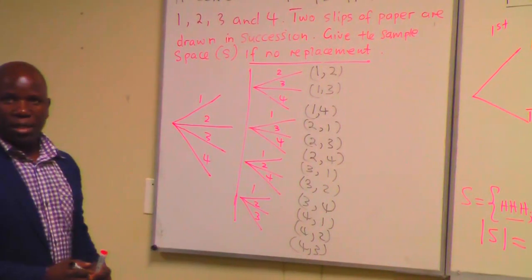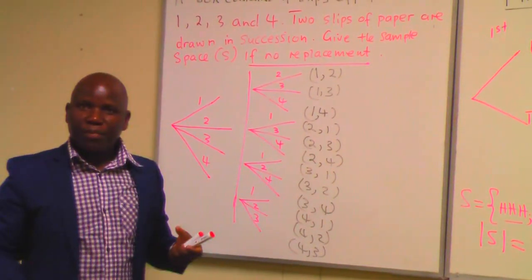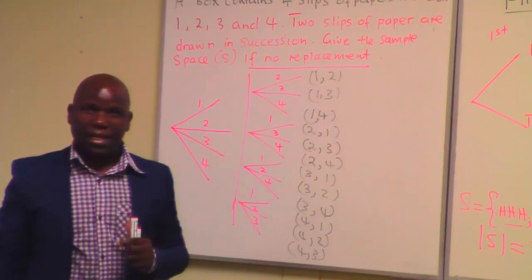What does this mean? It means, for example, that you obtain a 1 in the first pick and a 2 in the second.